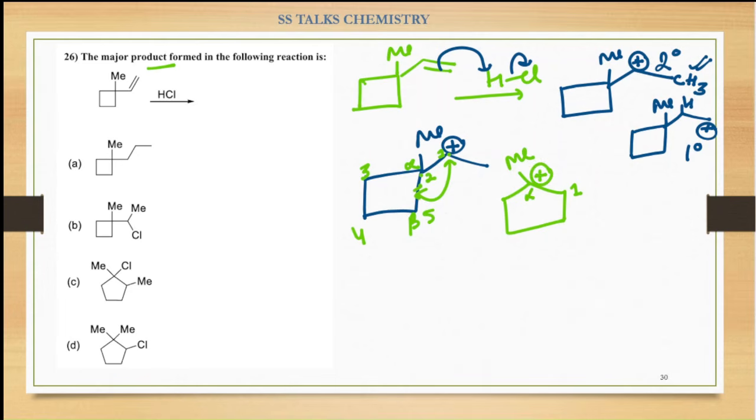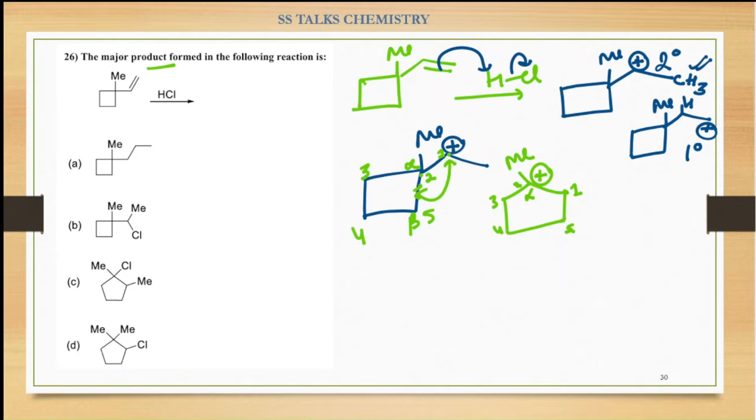Right? This is the second carbon, this is the third, fourth and fifth. The fifth position and the position where the carbocation was initially present are going to form the bond between them. So this carbocation that you have got is in fact a tertiary carbocation, and also the ring strain that was present has been released over there.